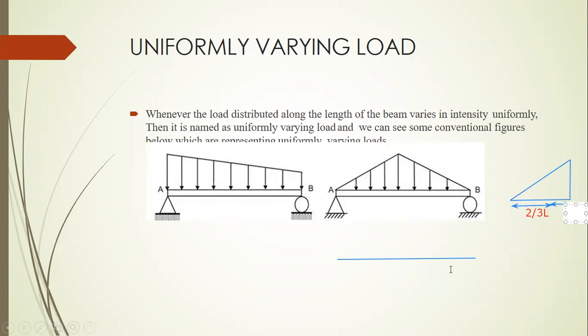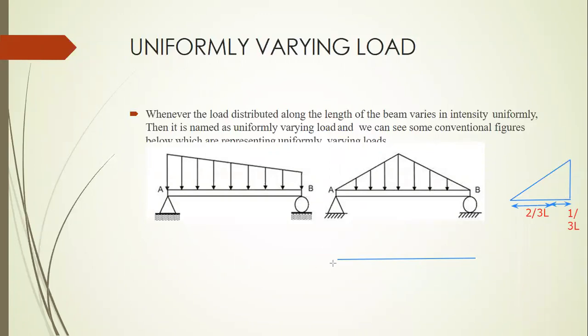From the opposite end, this is the opposite end, from this end it will be 1/3 of L. Okay, 1/3 of L. This you have to remember. Okay, for a triangular load, 2/3 from the hypotenuse end and 1/3 from the opposite end.